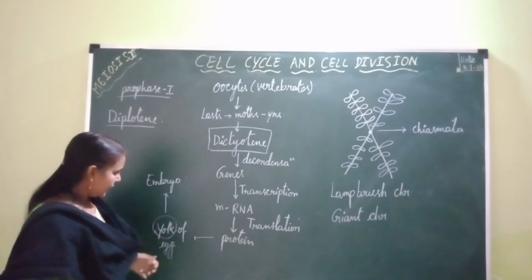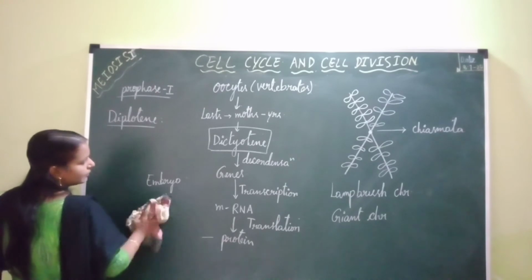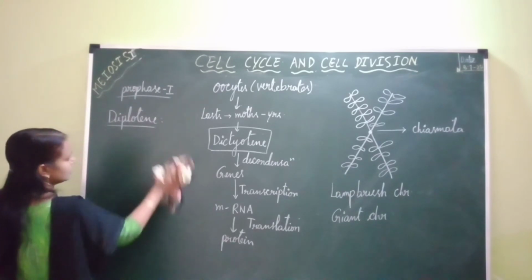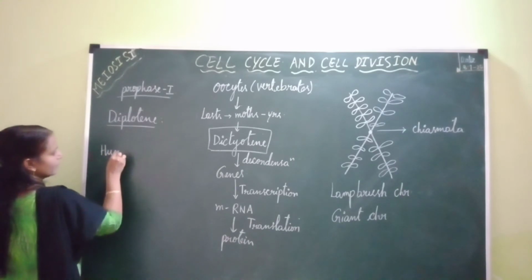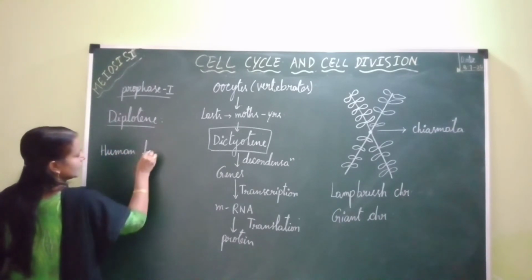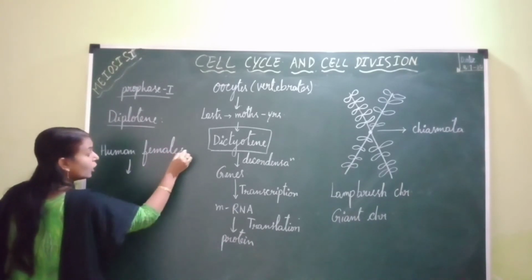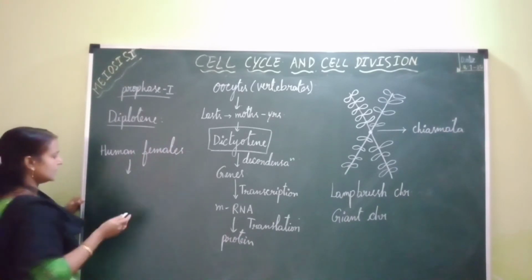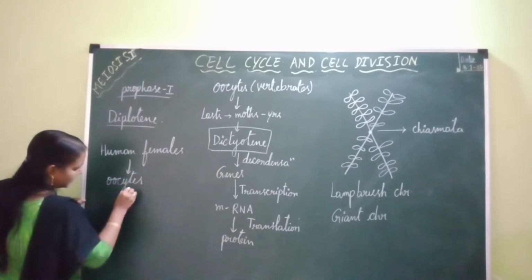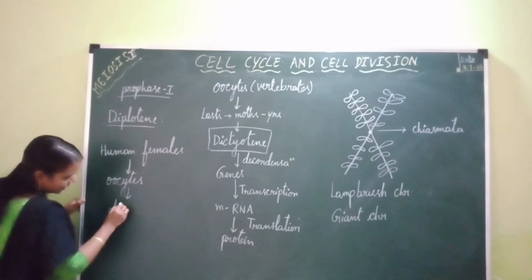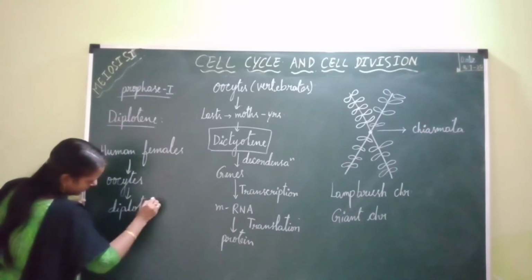Here I would like to give one example of this Dictyotene stage. In the case of human females, oocytes of all human females reach this Diplotene stage at the 5th month of the fetus.